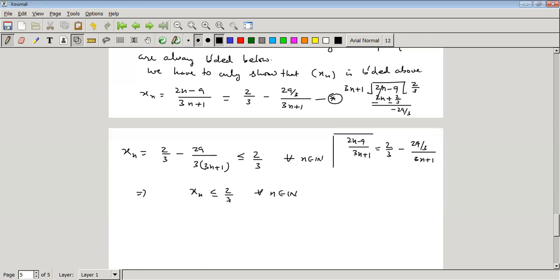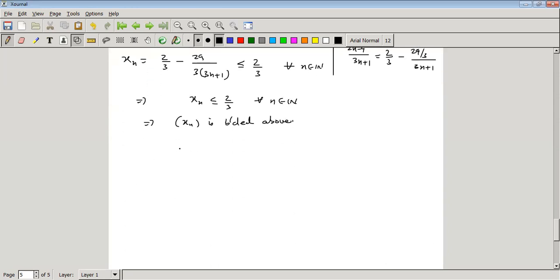Now 2 by 3 is an upper bound. This implies that the sequence x_n is bounded above. It is already bounded below, and we have proved that it is bounded above. This implies the sequence x_n is a bounded sequence.